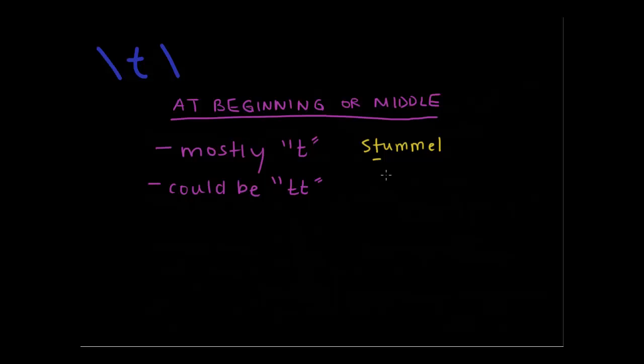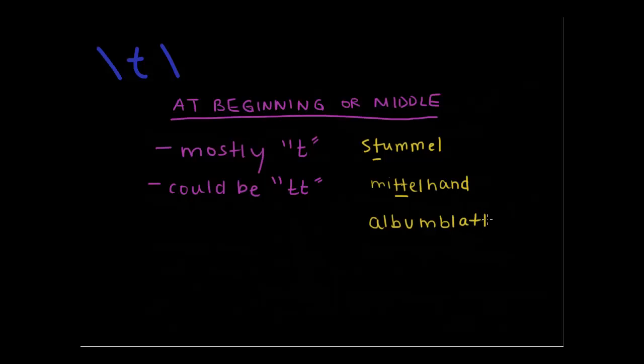Also, you could use words in German. Could be TT, such as Mittelhand, which literally means middle hand. The definition is middle hand, and that's because Mittel in German means middle. So if you know that, it's going to have a double T. Another example is Albumblatt, album leaf.